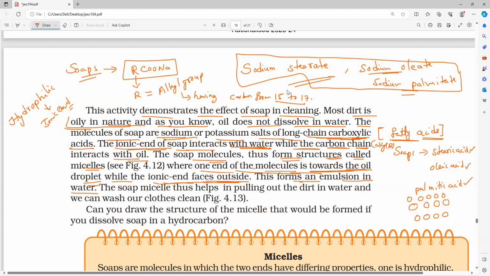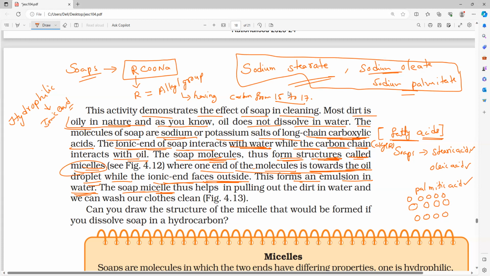So this forms an emulsion in the water, means they will form small molecules. The soap will break it into small molecules or aggregates. That is what we call micelles. So please learn the definition of micelles.